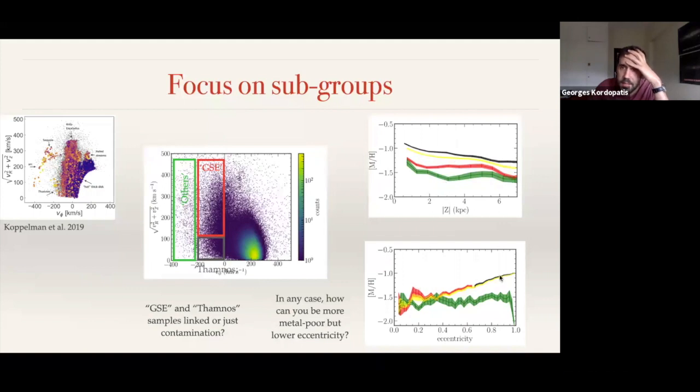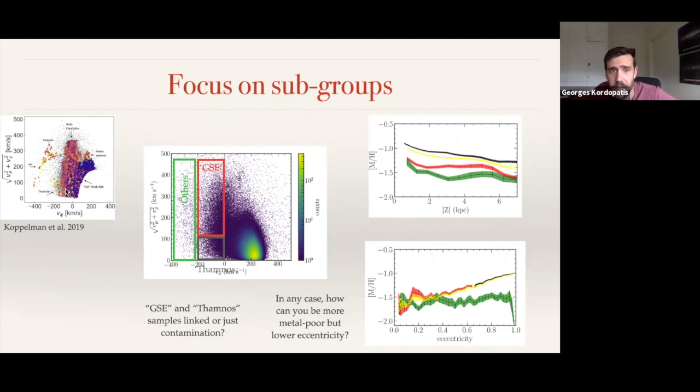You see here that the Thamnos probing population and the Gaia Sausage Enceladus probing population follow a very similar trend in metallicity versus eccentricity, which is quite suspicious. It could tell you that you have contamination in Thamnos coming from Gaia Sausage Enceladus. You can already see it from this plot.